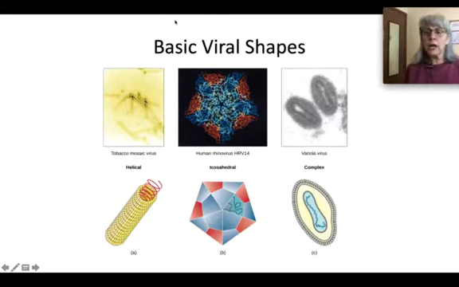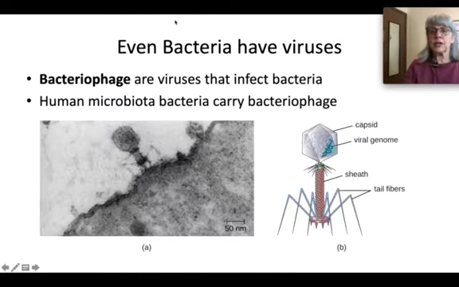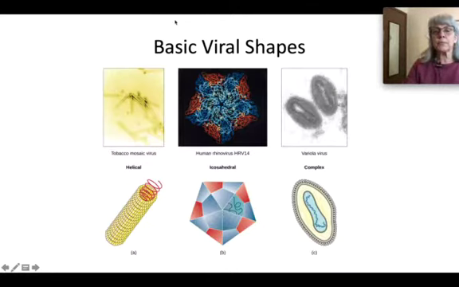Finally, we've got complex shapes. These are really the lack of either the helical or icosahedral capsids, or they have a combination of those. Your bacteriophage is a complex shape because it contains a capsid and other sheath and other structures.